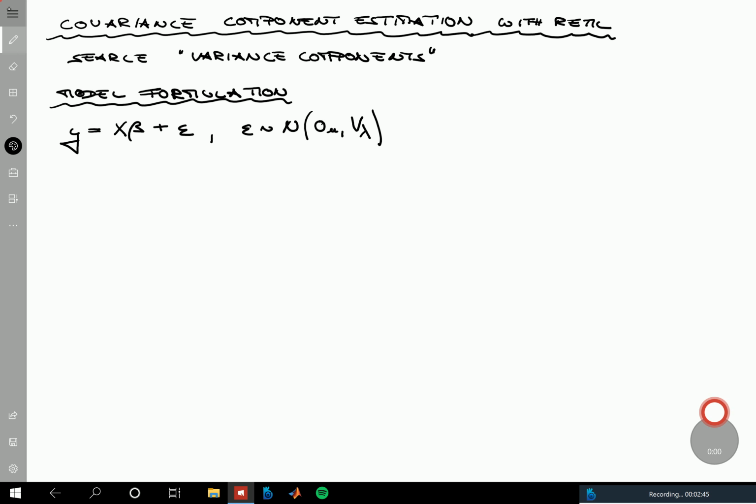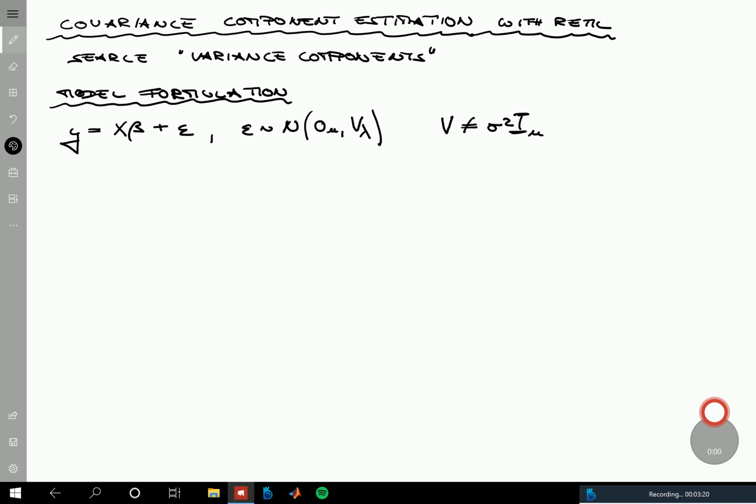So remember last week we just had some V where we said V is not the spherical matrix, so it's not just a diagonal matrix with the variance parameter on the diagonal, but it's different. It's still positive definite, of course, because it's a covariance matrix, but we didn't specify anything more specific.